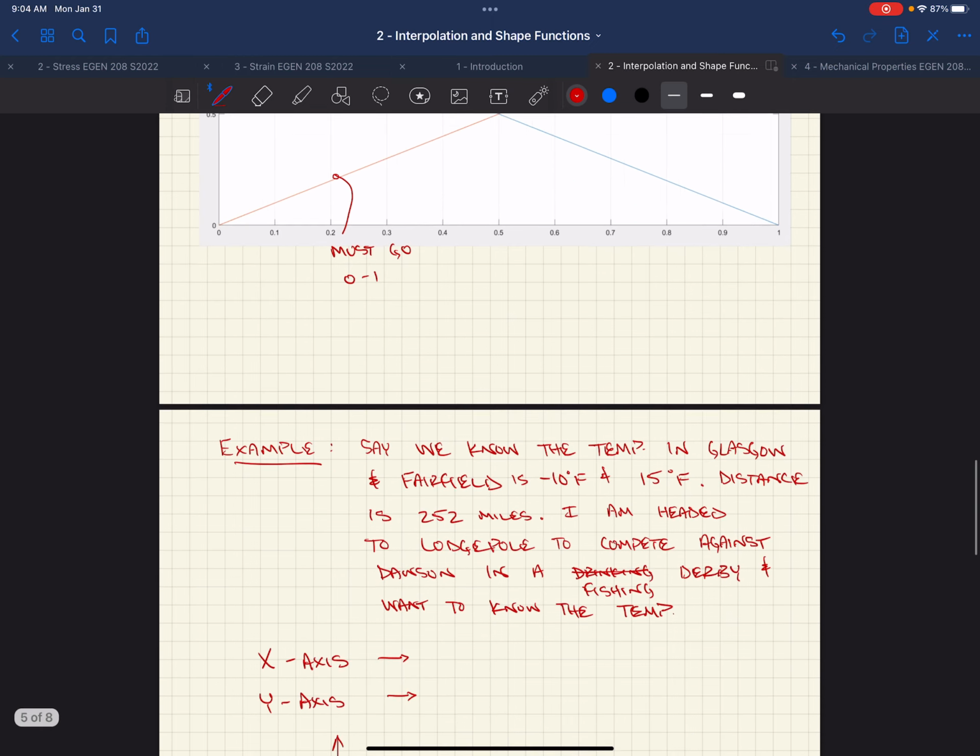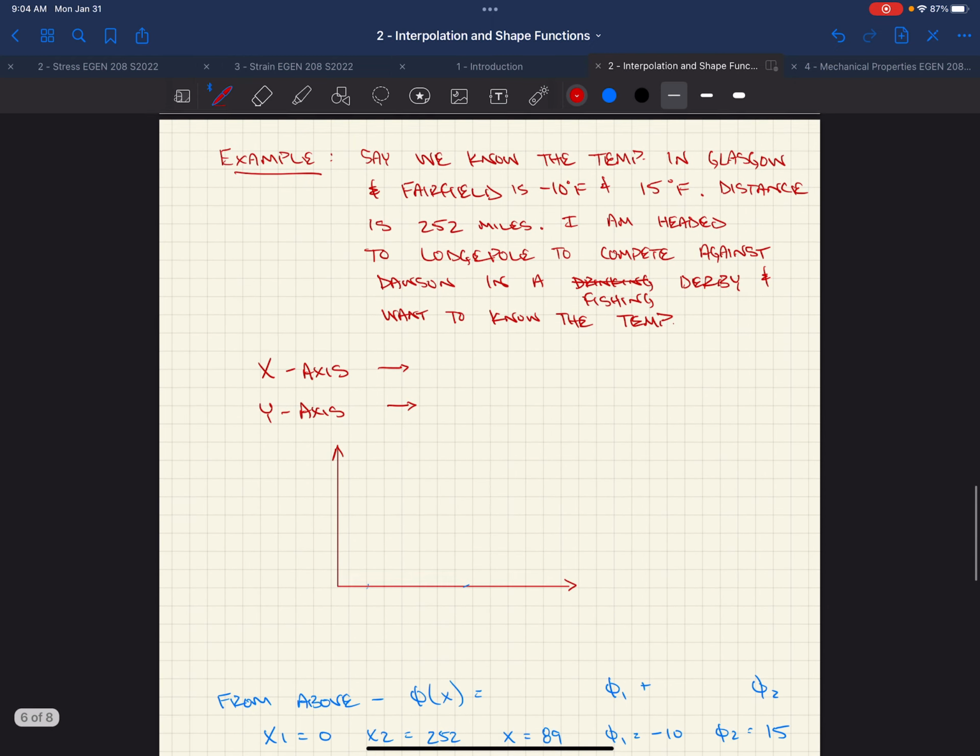Okay. So this example: say we know the temperature in Glasgow and Fairfield, okay? Great places in Montana, right? And we know that Glasgow is 10 degrees below 0 and Fairfield is 15 degrees above.